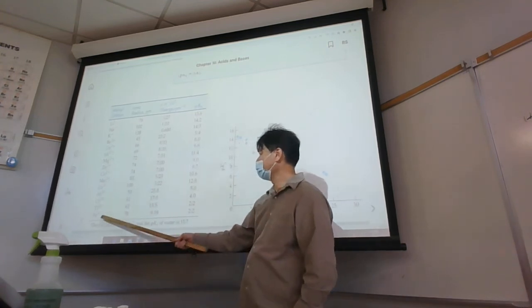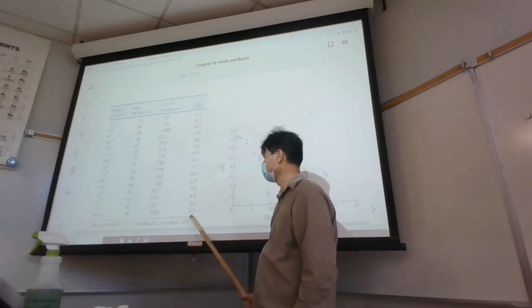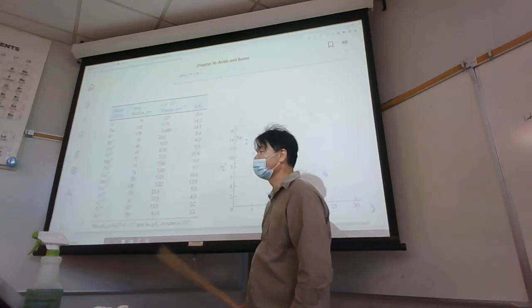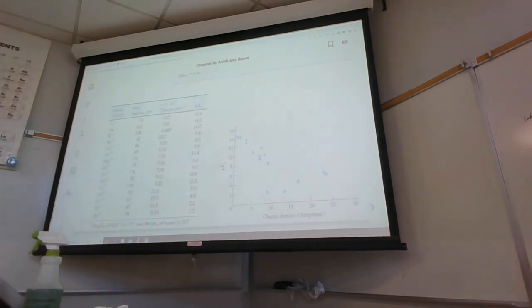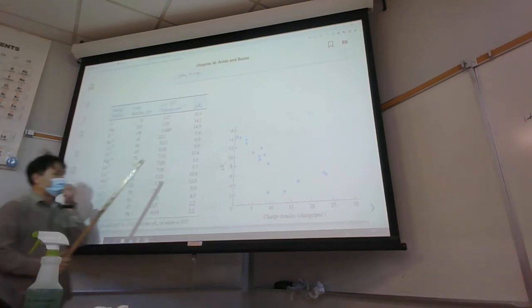The most acidic of these is iron 3. Iron 3 is going to have a pKa of 2.2. In fact, if we look at the hexa-aqua complex of iron 3, the Ka value they give for us is 6 times 10 to the minus 3, which is quite a bit more acidic than acetic acid, 100 times more acidic than acetic acid.